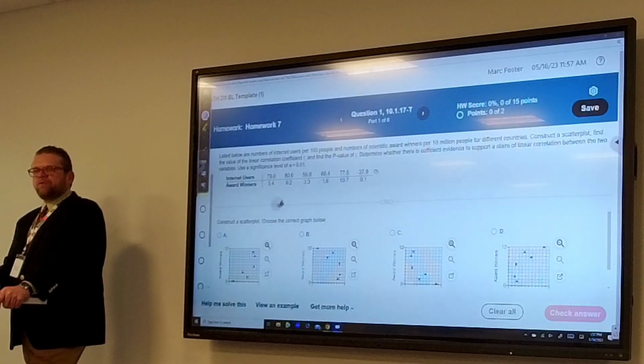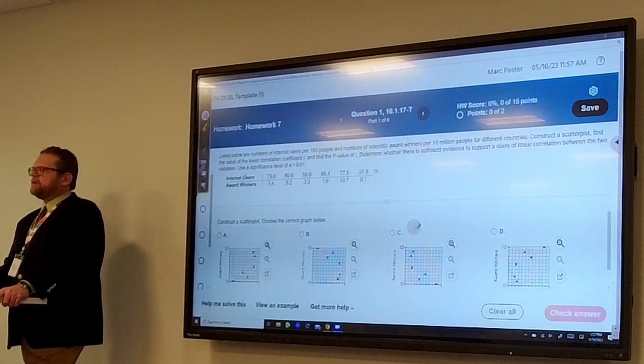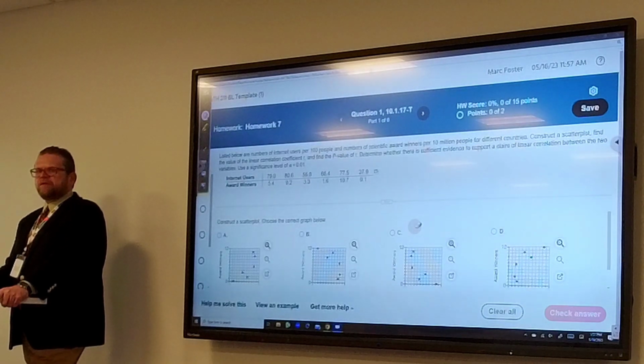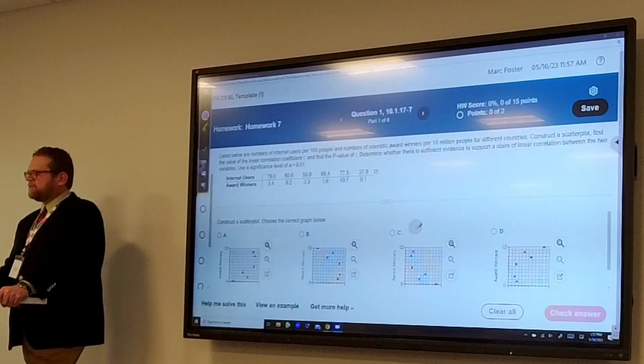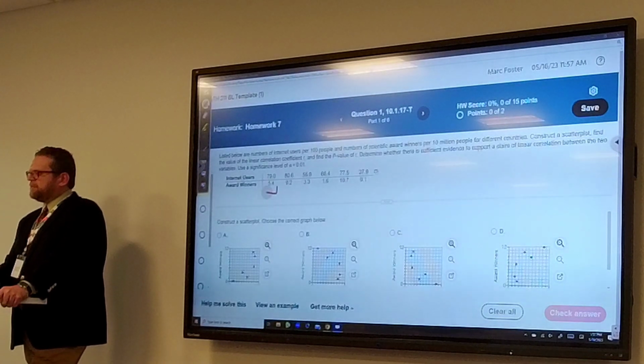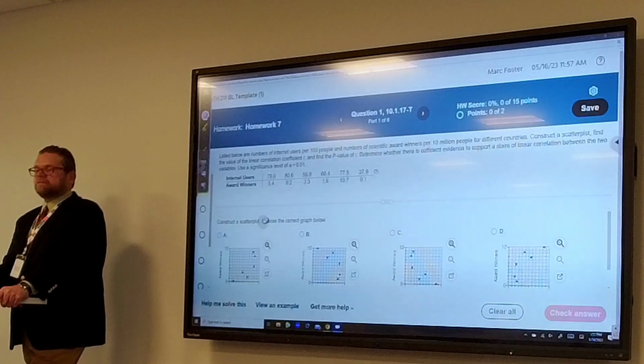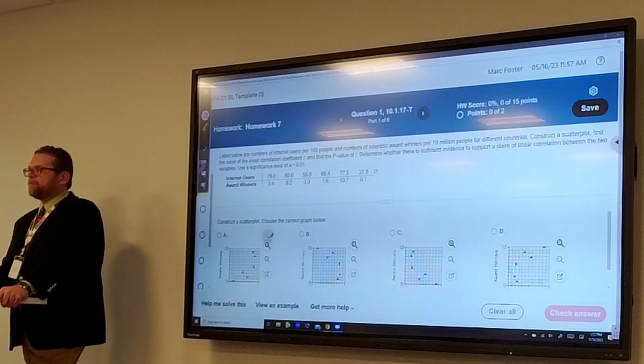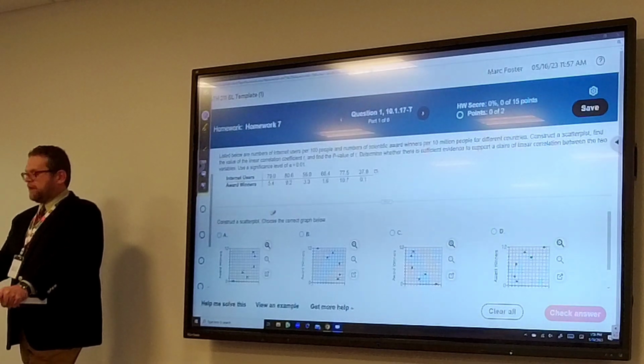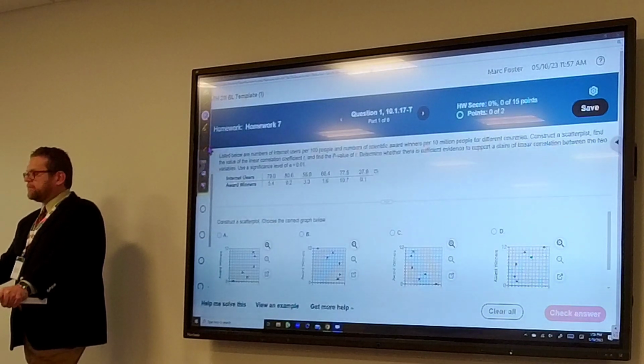Can you imagine what type of correlation they're trying to show? They're trying to inspect, is there a correlation between your country having a high amount of internet access and whether the people in that country win scientific awards? We might think that the more internet access you have, the more scientific award winners you would have.